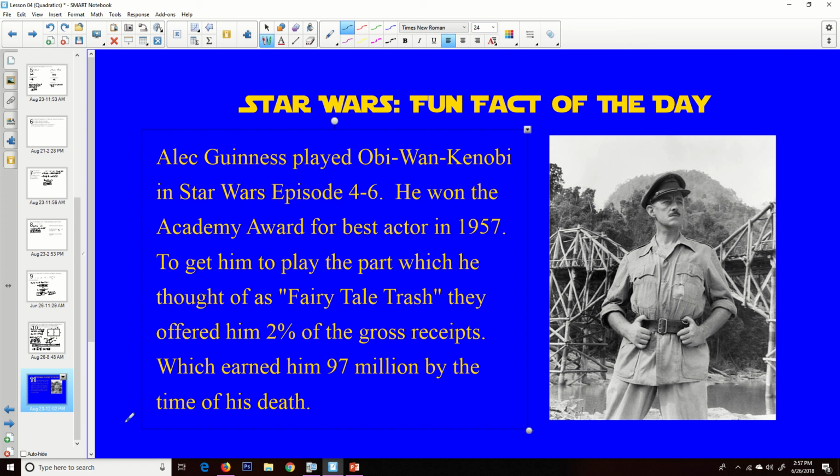And so to get him to play it, Alec Guinness thought that the movie Star Wars was just fairy tale trash, so they offered to give him 2% of the gross receipts, and he took it, thinking that Star Wars would not have been a big deal. And by the time he died, that 2% actually earned him $97 million. Not bad for about 5 years worth of work.